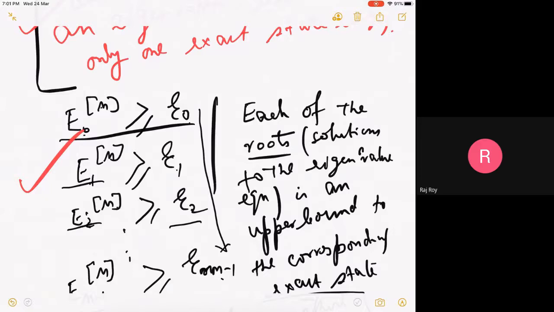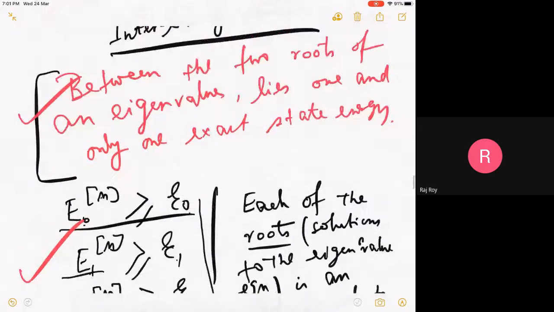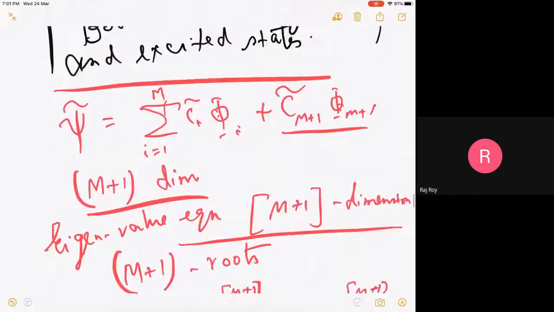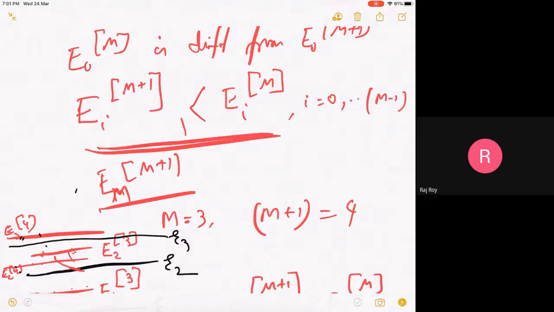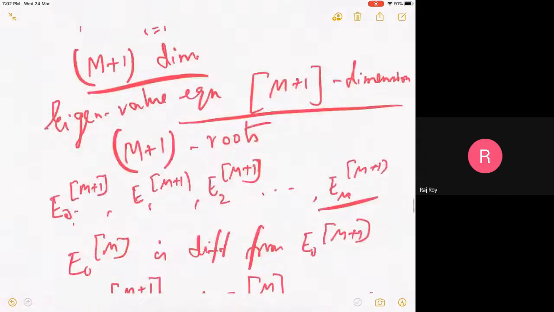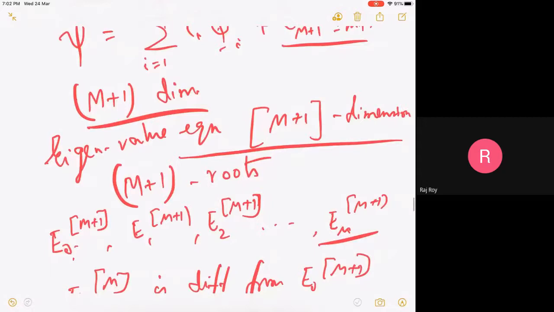And I have just given you the interpretation. Of course, the proof of this theorem as well as this theorem can be done, but it is just mathematics and nothing to do with quantum chemistry. It is the mathematics of the eigenvalue equation. Please believe me. As long as this is an eigenvalue equation, that's it.